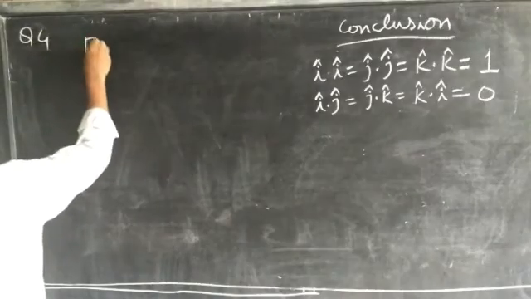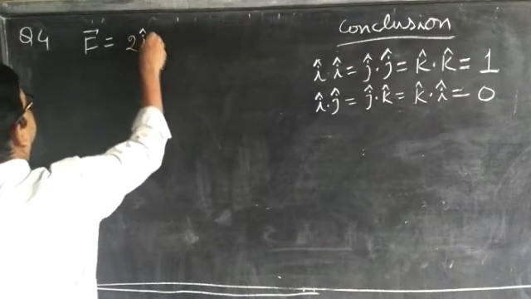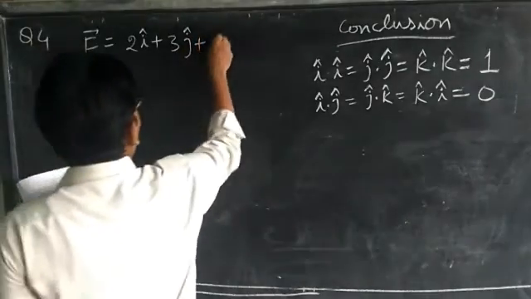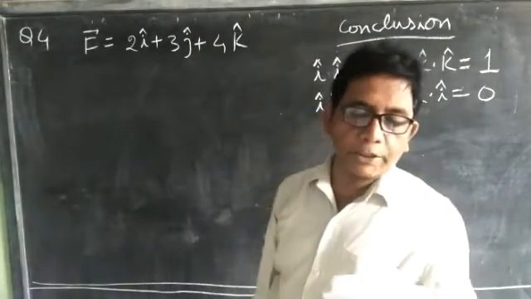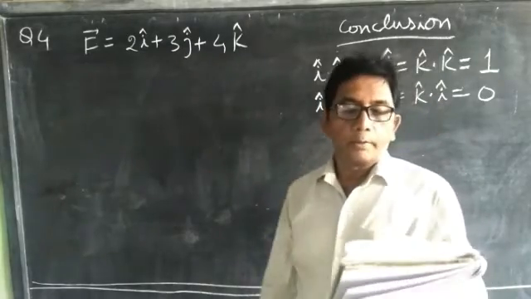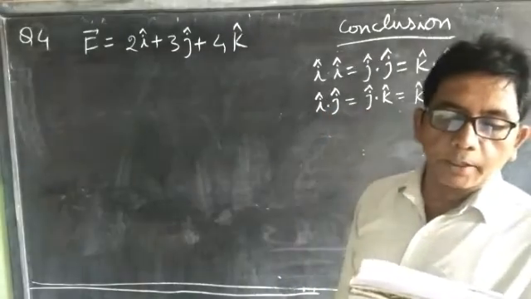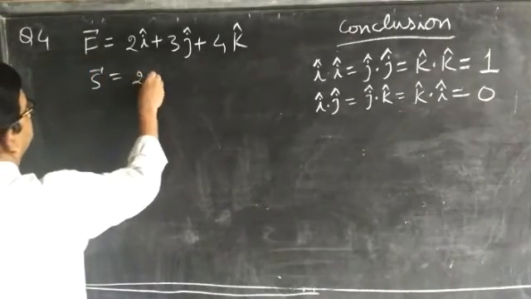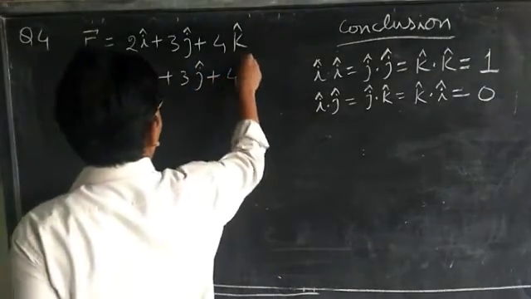A constant force F equal to 2I plus 3J plus 4K newton produces a displacement S equal to 2I plus 3J plus 4K.